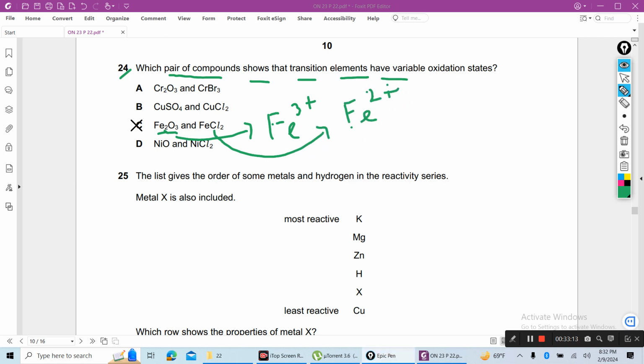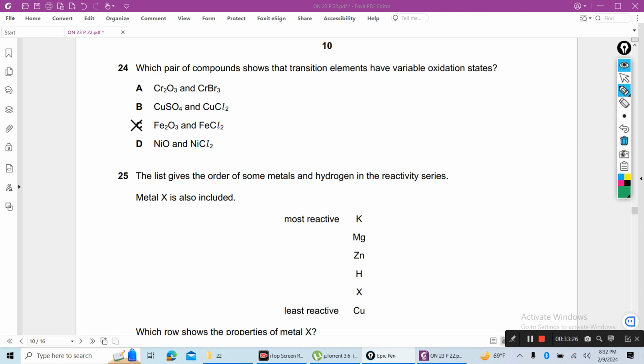So iron 2 and iron 3. Iron is a transition metal, so these have variable oxidation state. Here chromium 3, same, not variable. Here copper(II) sulfate, copper(II) chloride, nickel(II) oxide, nickel(II) chloride, all the same 2. So this is the answer C.